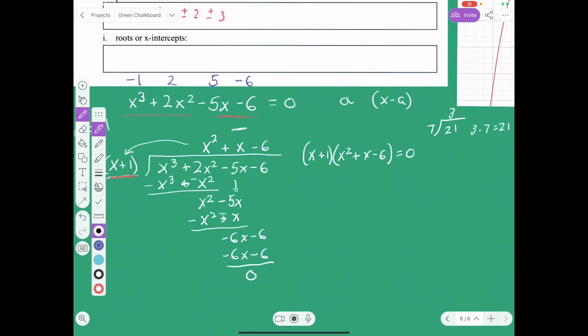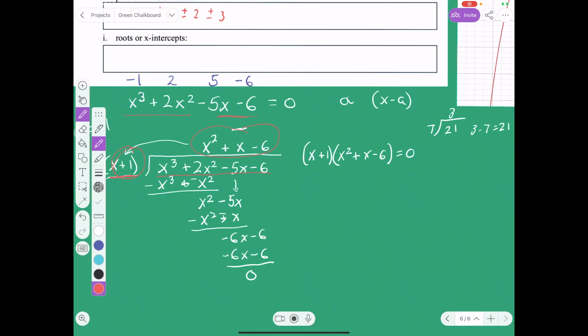And we did the same thing here. We divided this big polynomial by x plus 1, and we got this. So we know that x plus 1 times x squared plus x minus 6 is the same thing. We've just broken it down into two factors.